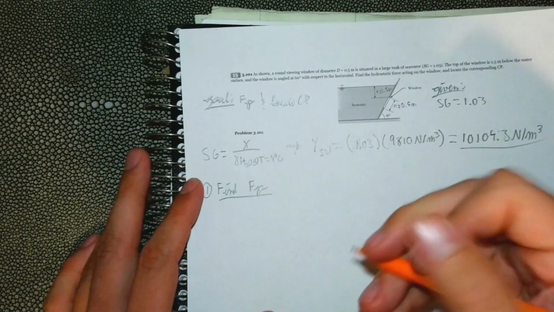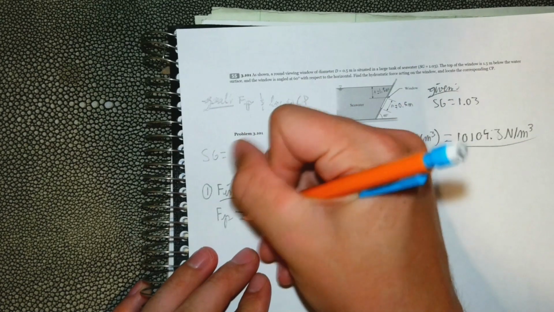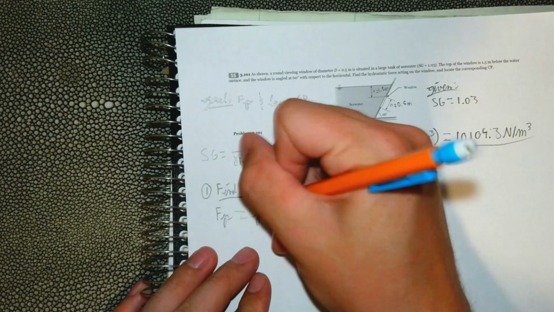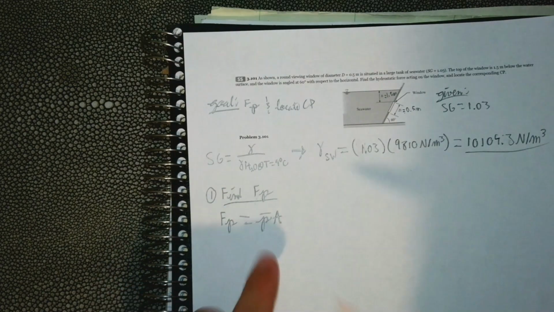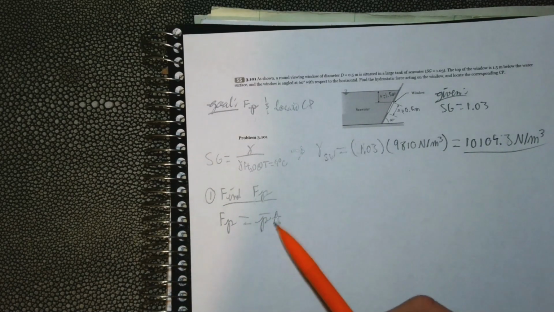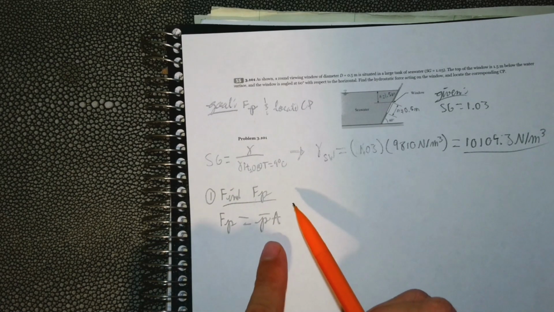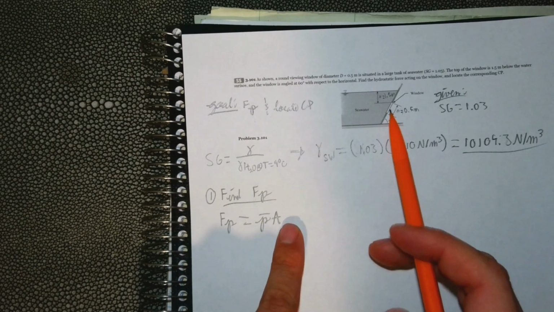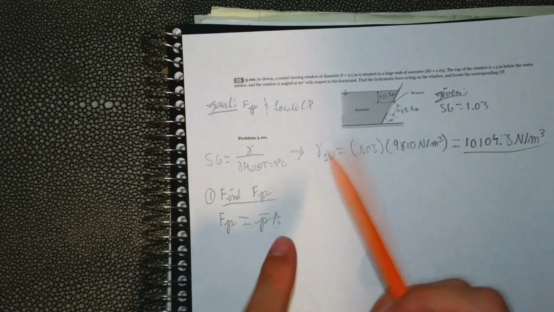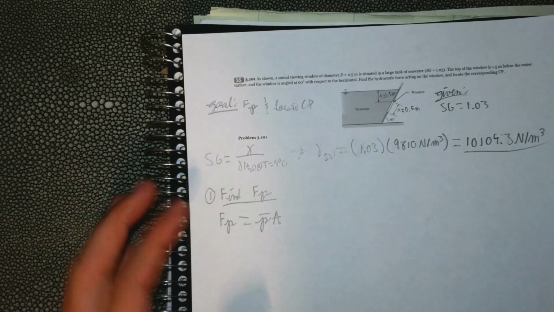The formula is right here: pressure force equals pressure times area. The little bar means with respect to the centroid of whatever we're calculating, in this case, the little window.